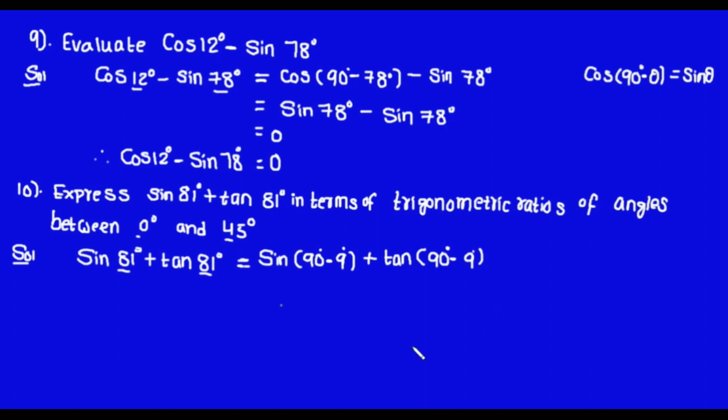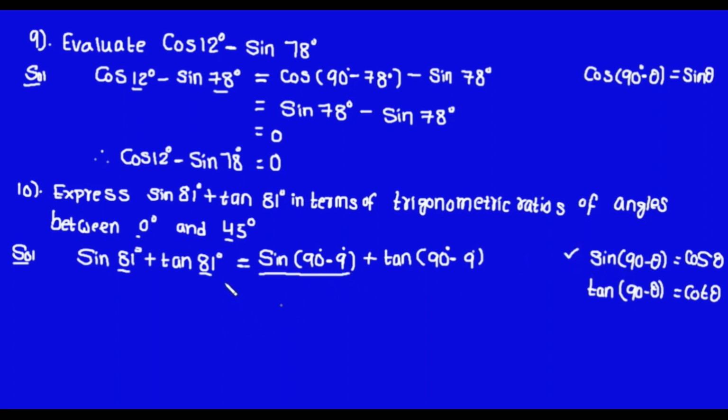We know that sine of 90 minus theta is equal to cos theta. Tan of 90 minus theta is equal to cot theta. So by applying these formulas to the given problem, we will get cos 9 degrees plus cot 9 degrees.